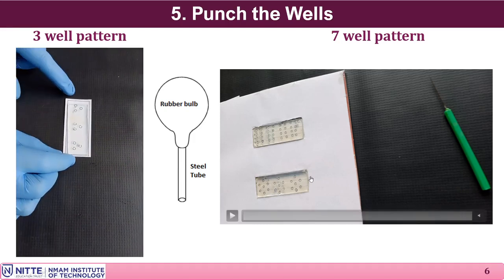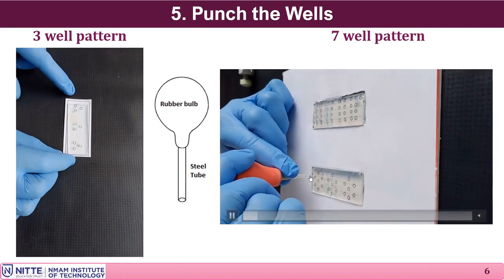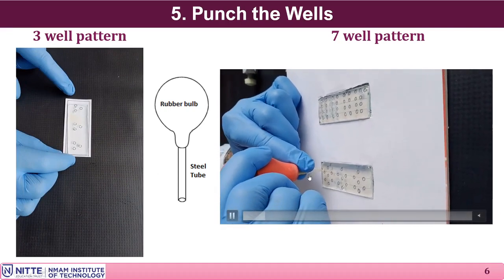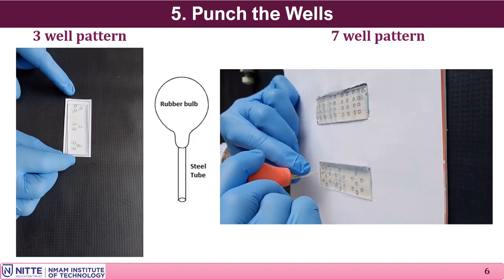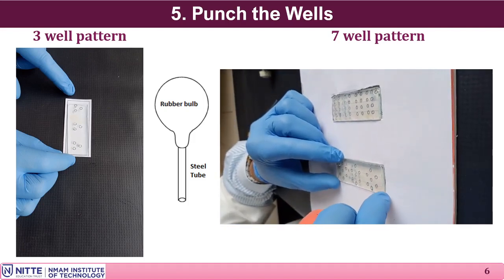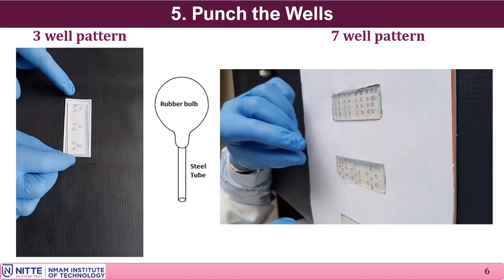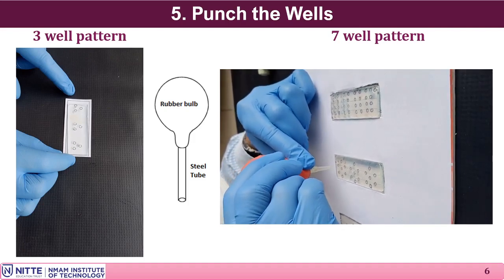So, in the next slide, I am showing punching of 7-well pattern. Here, there is a central well surrounded by 6 wells. That means the central well will be dedicated for the antibody and surrounding 6 wells will be dedicated for the antigen.